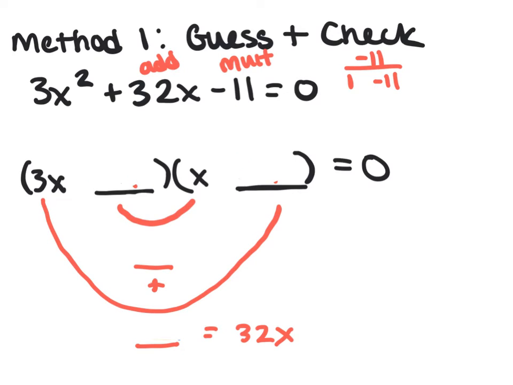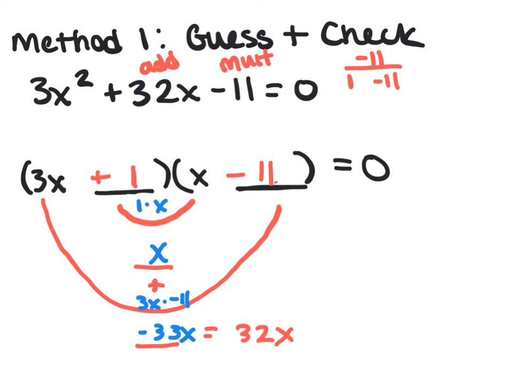plus 1 and then minus 11. So if I were to do that, this becomes 1 times x, so it's just x. And over here is 3x times negative 11, which gives you negative 33x.